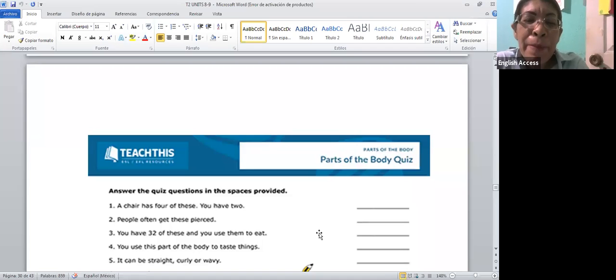Number 2, people often get these pierced. What do you think? What is it? Or what are these? People often get these pierced. Think about piercings.